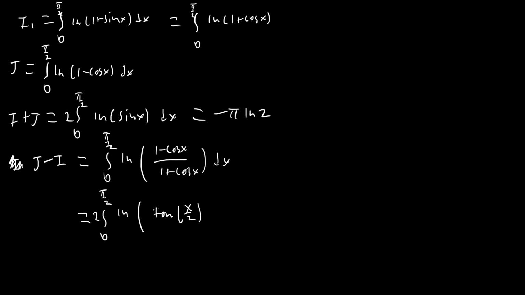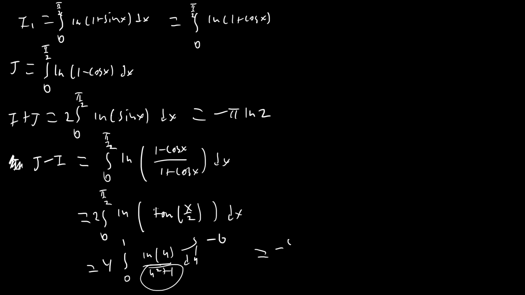So we're going to get sine squared over cosine squared dx, and then that's going to end up becoming 4 times the integral from 0 to 1 of natural log of u over u squared plus 1 after some quick substitution du. And once we expand this as a power series and integrate using Feynman's trick, we'll figure out that this integral goes to negative G, where G is Catalan's constant, so this is going to become negative 4G.